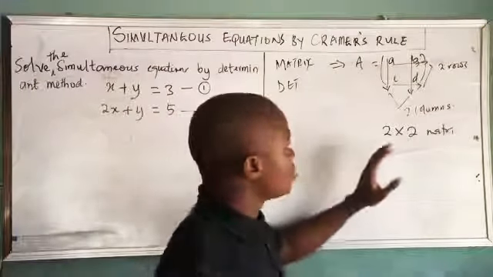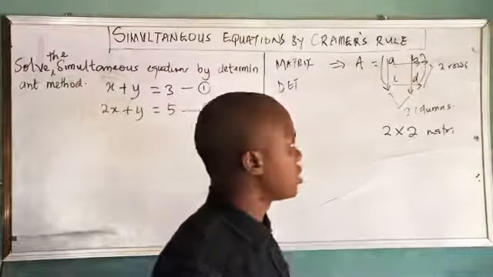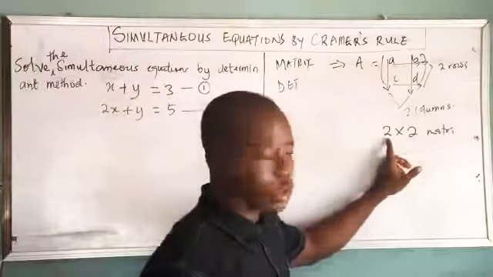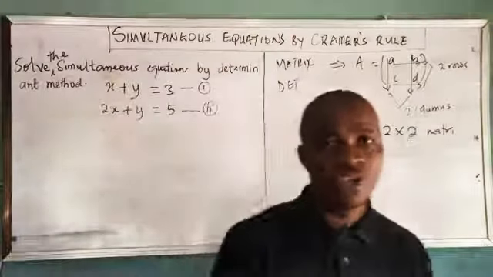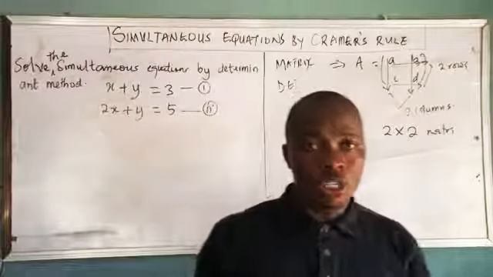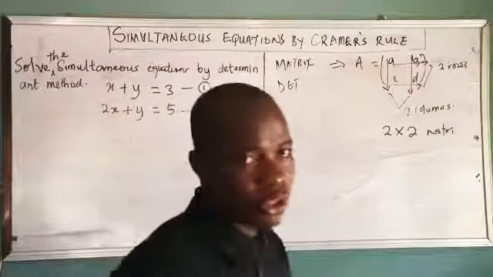If you say 3 by 2, it means you have 3 rows and 2 columns. So the row comes first and the column comes next. That is called the order, or size, of matrix A. That is all about that, because that's not where we are going today.